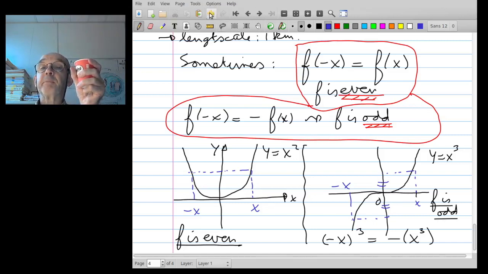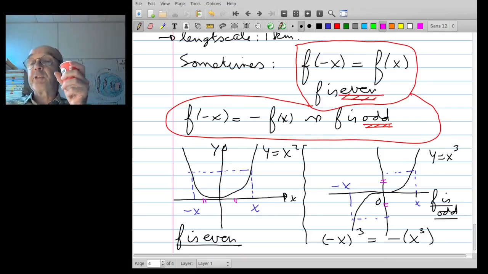Maybe I can better use some other color. You see here with the odd function that those things are the same, and with the even functions these are the same. And with the odd function, in a certain sense you mirror it in the x-axis, and then you mirror it in the y-axis. You are mirroring it twice.